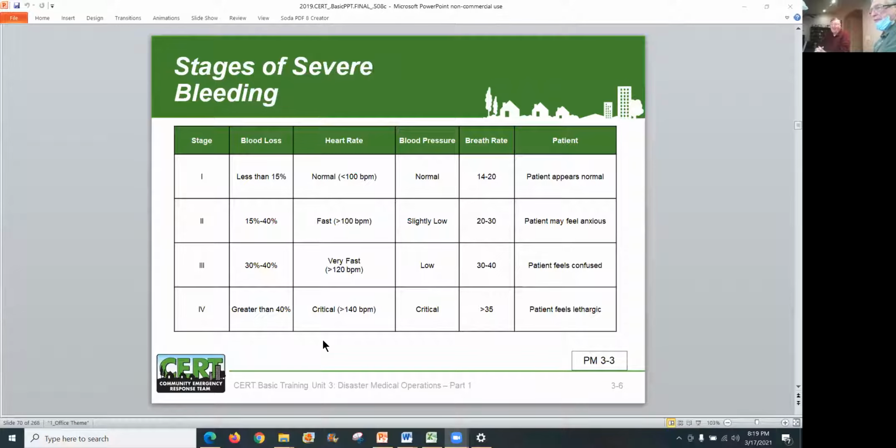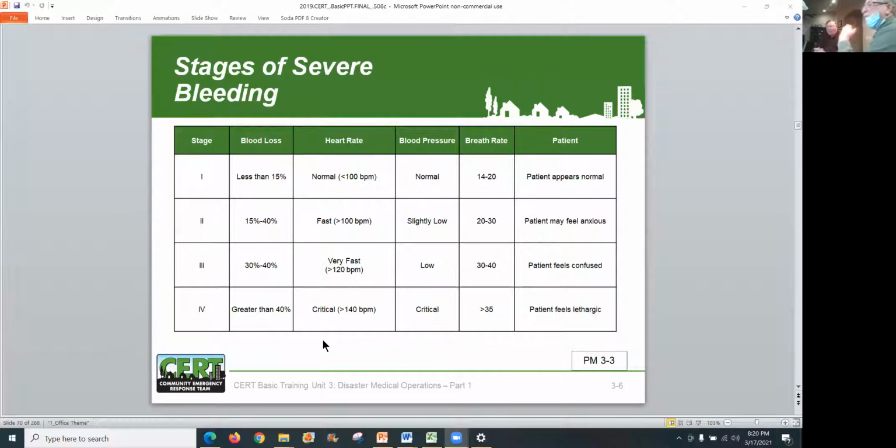Beats per minute under 100 in a tense situation is normal. But if your pulse is over 100, then you need to be concerned about the loss of blood. And breathing goes right along with blood loss.